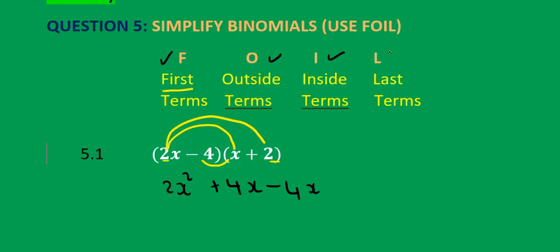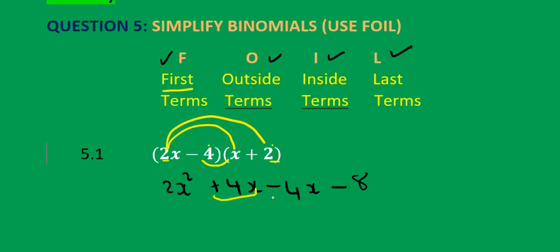So that's done. And finally, we multiply the last terms in both brackets. So that is the last term in that bracket and that is the last term in that bracket. Negative 4 times 2 will give you negative 8. And what do you notice?